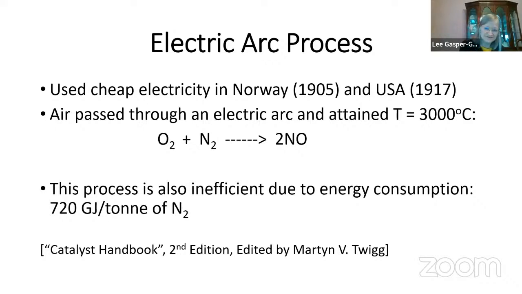So we're talking about an even much higher temperature to run this process. Basically you can see the oxygen and the nitrogen from the air going to nitrogen oxide. Because of this high temperature, it is also inefficient in terms of energy consumption at 720 gigajoules per ton of nitrogen. So that's over 3 times what the cyanamid process was.